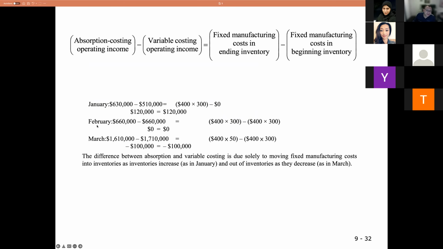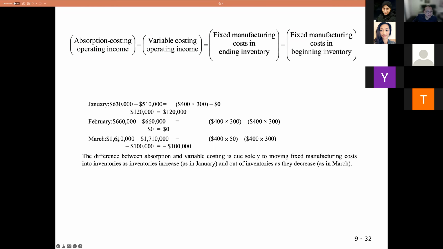And as predicted, February, the difference is 0 because production equals sales, okay? So basically, you know that the ending inventory and the beginning inventory is always 120,000. Okay, and for March, as predicted, we have less operating income under absorption costing, so we get the negative numbers on the equation.